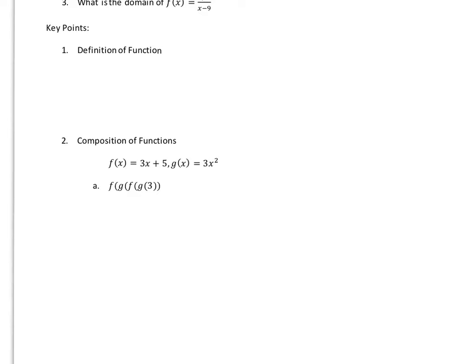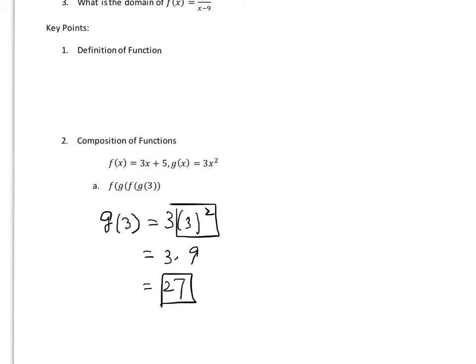So that 3 goes into the g machine, which squares it and multiplies by 3. So we have g of 3 equals 3 times 3 squared. You have to do this part first. That's 9 times 3, which is 27.